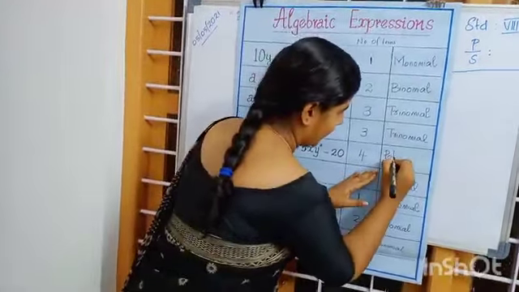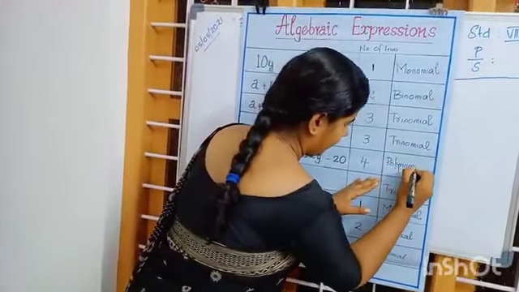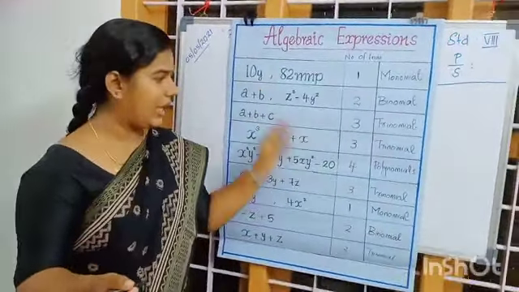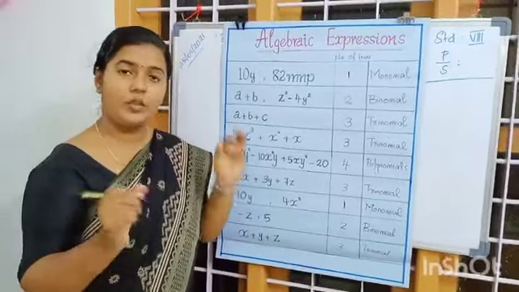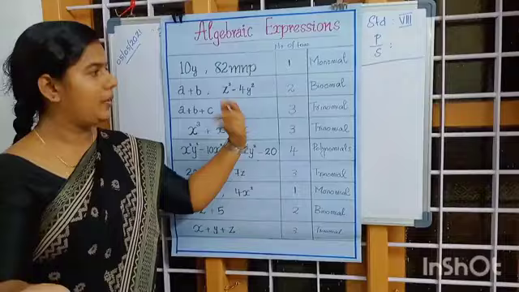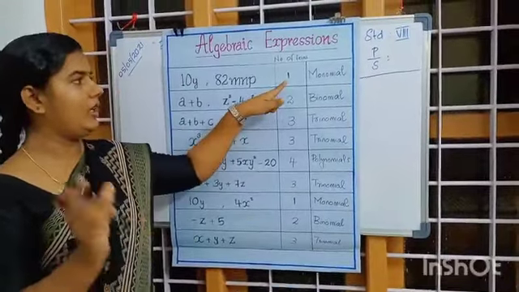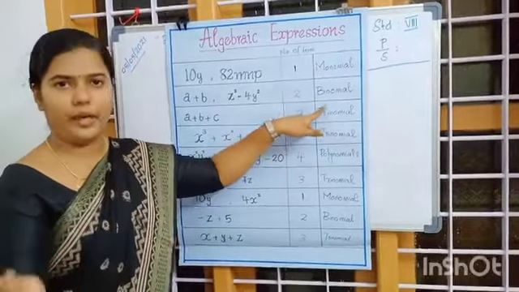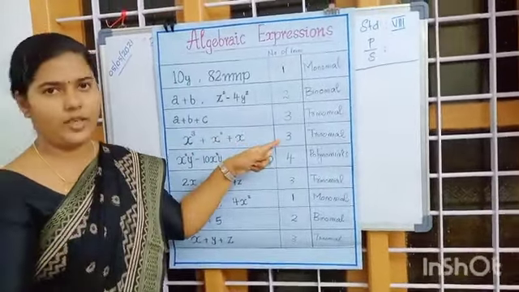So always remember that an algebraic expression with one or more terms is generally known as polynomials. But we specifically call the expression with a single term to be monomial, 2 terms to be binomial, and 3 terms to be trinomial.